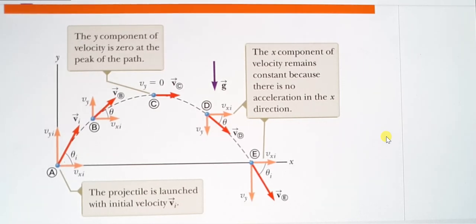Projectile motion is a very simple case of two-dimensional motion. Why? Because in the x-axis we don't have acceleration, and in the y-axis it's a free fall problem. So whatever we learn about free fall motion, we are going to use in projectile motion.